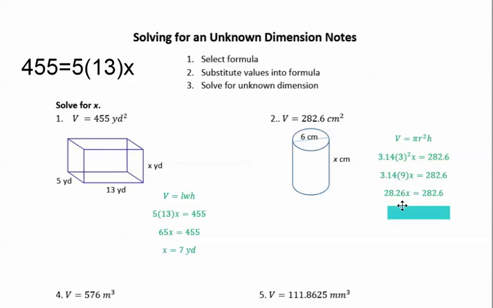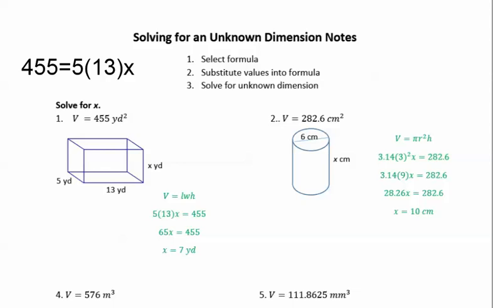We get 28.26x now equals the given volume. And now from here we need to solve for x. What am I going to do to both sides? Yeah, we're going to divide both sides by 28.26. So divide both sides. What do we get? We're going to get x equals 10, and our units, the height, 10 centimeters. So our height of the cylinder is going to be 10.